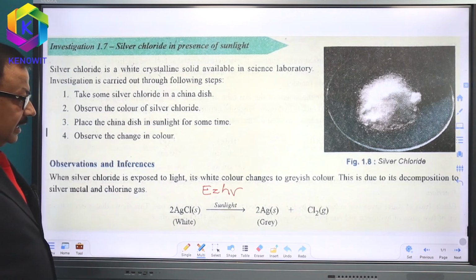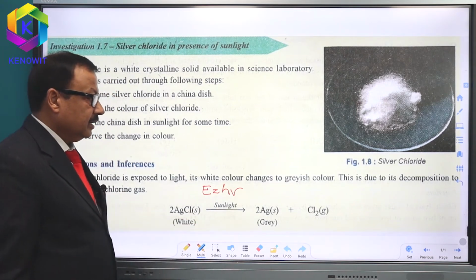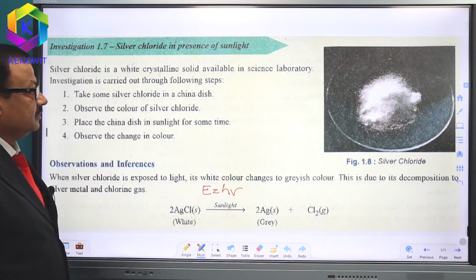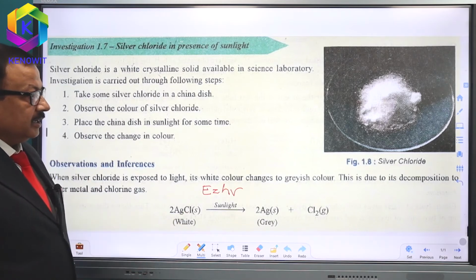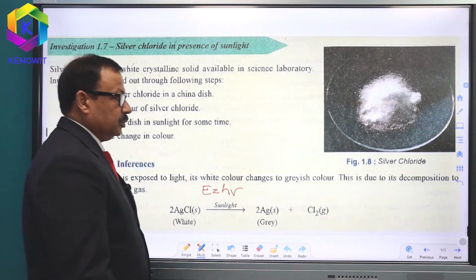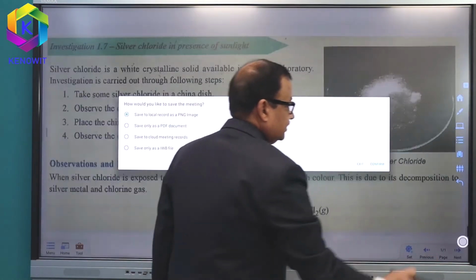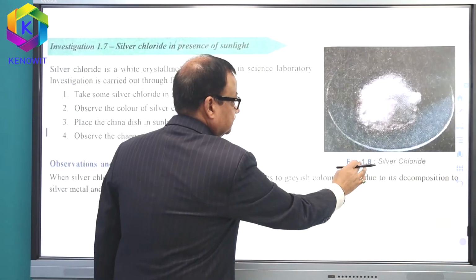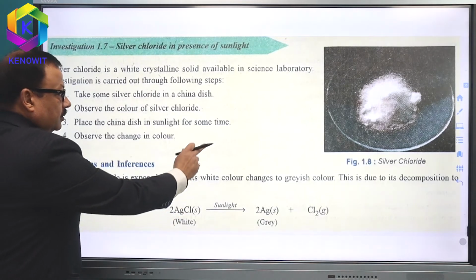So white silver chloride is converted into grey silver and chlorine gas. This is due to sunlight, so this reaction is known as photochemical decomposition.